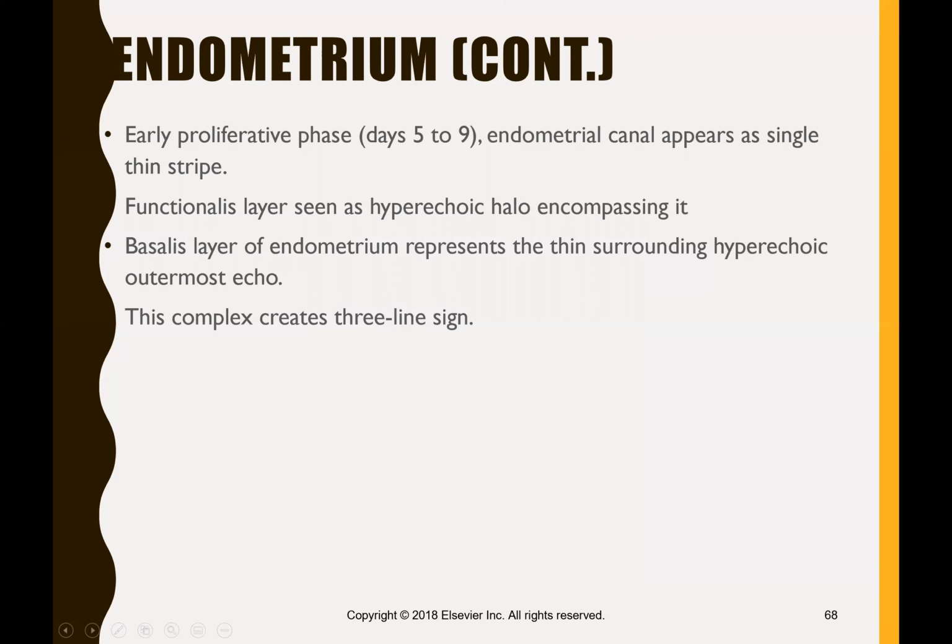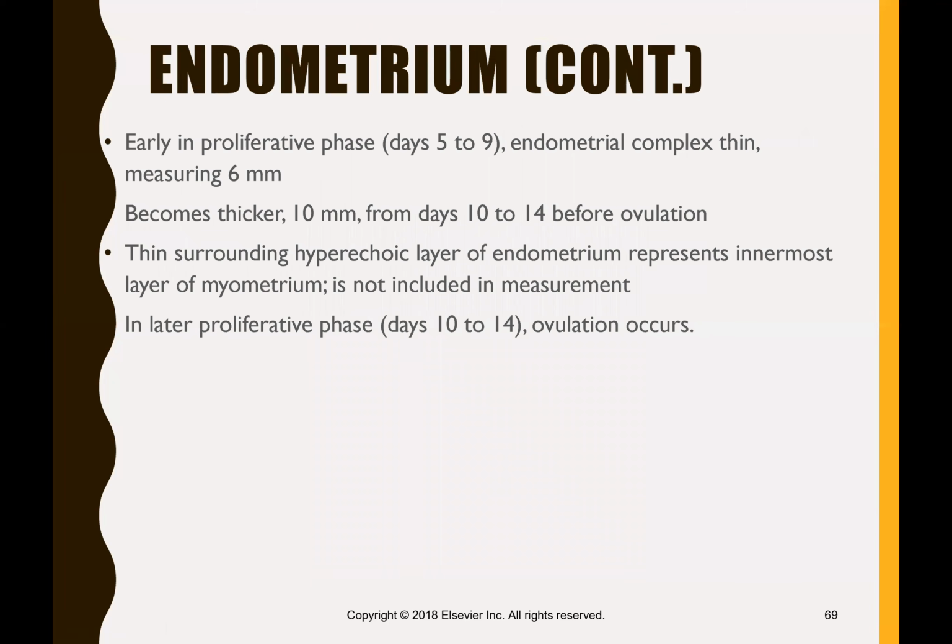We're really beating this into you, but it's very important. I would say usually the endometrium around day 14 is going to be about 10 millimeters, 1 centimeter, and that's pretty normal. We don't want an endometrium greater than 1.4 by the end of the secretory phase. If it's thicker than that, then it is considered abnormal.